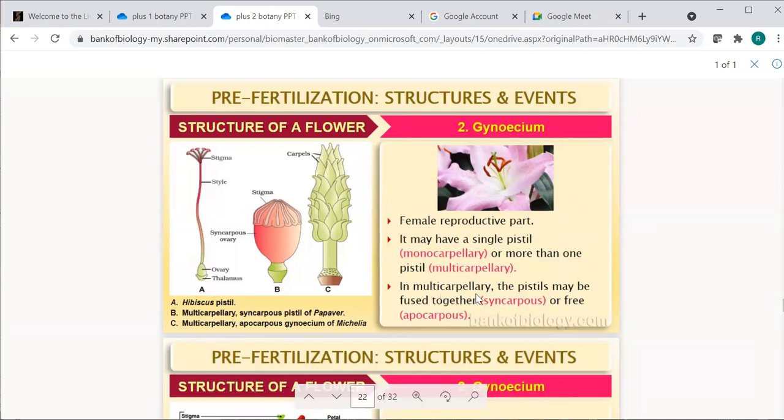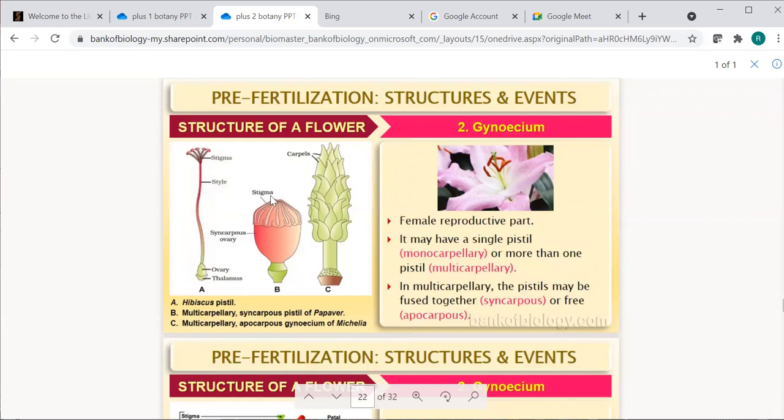In multicarpellary, the pistils may be fused together. It is called syncarpous, or if they are free, apocarpous.